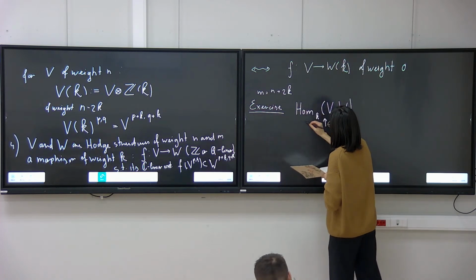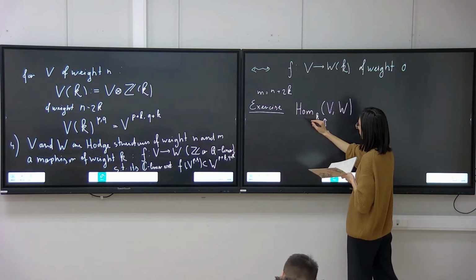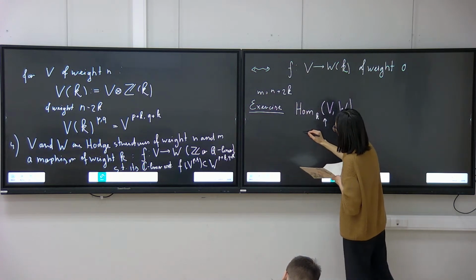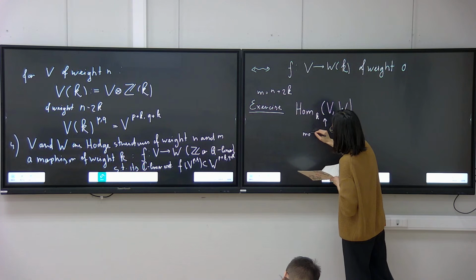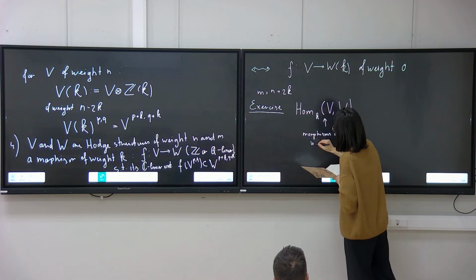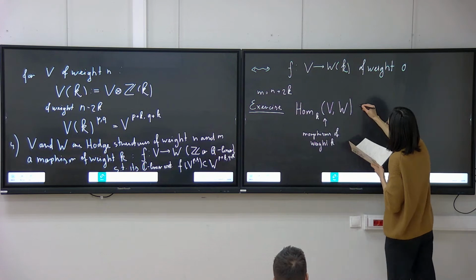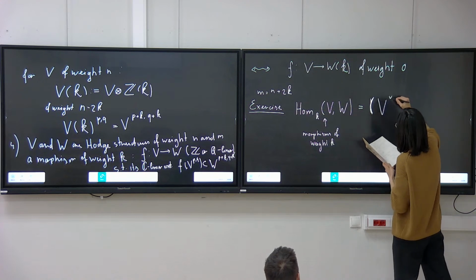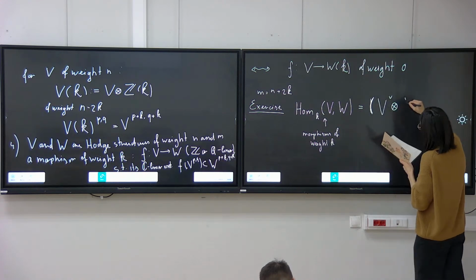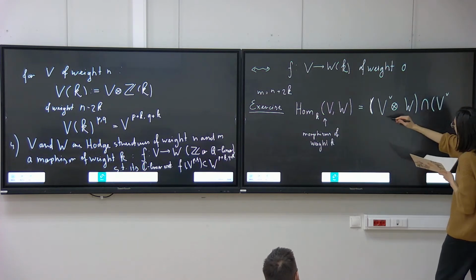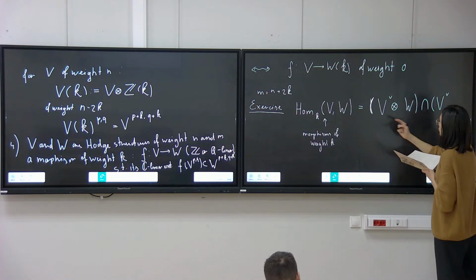So I will denote by this letter the morphisms of Hodge structures of weight k. So I claim that this is an intersection of Hodge classes in this Hodge structure.